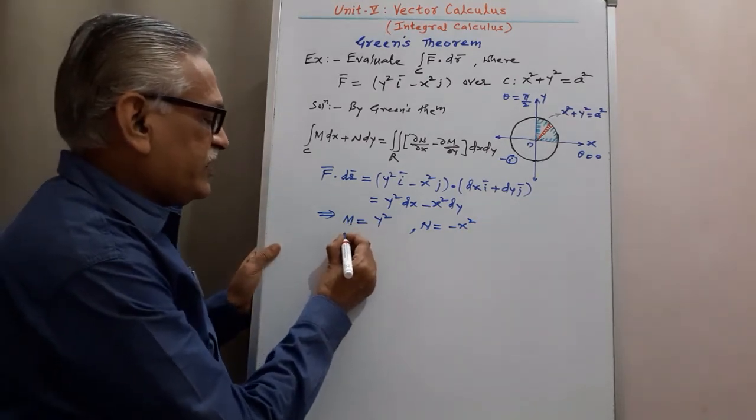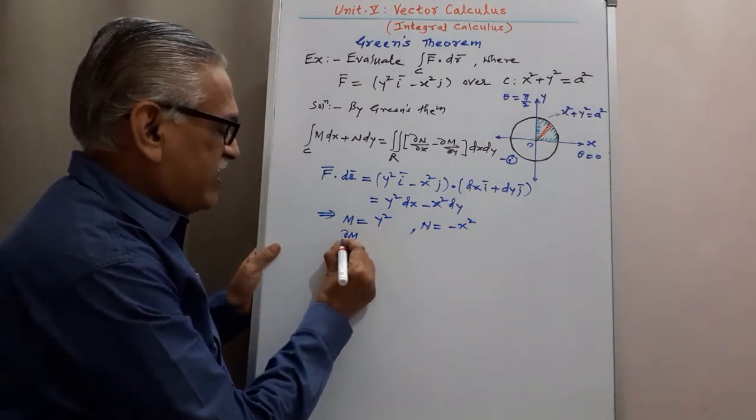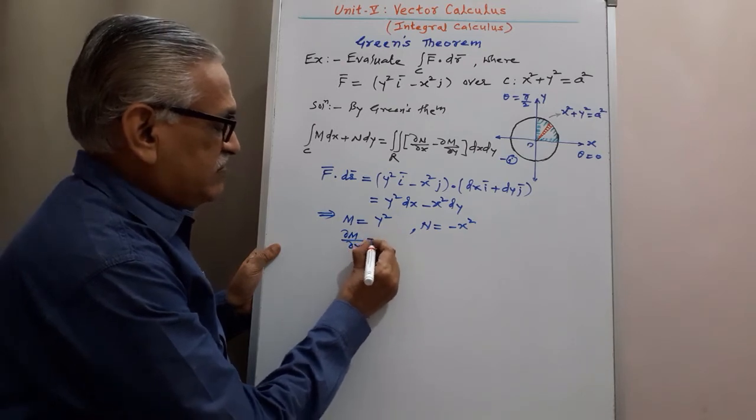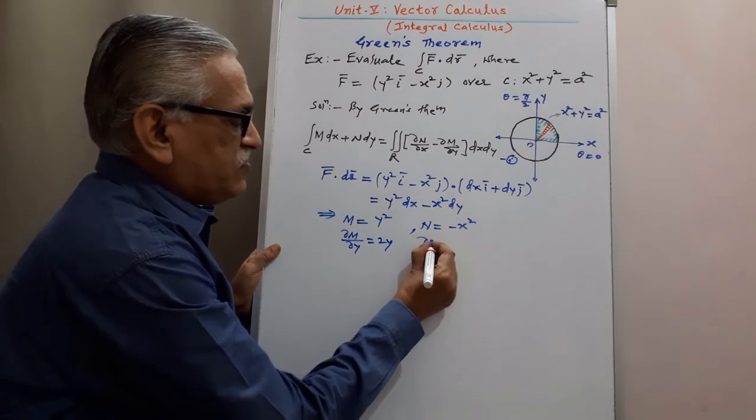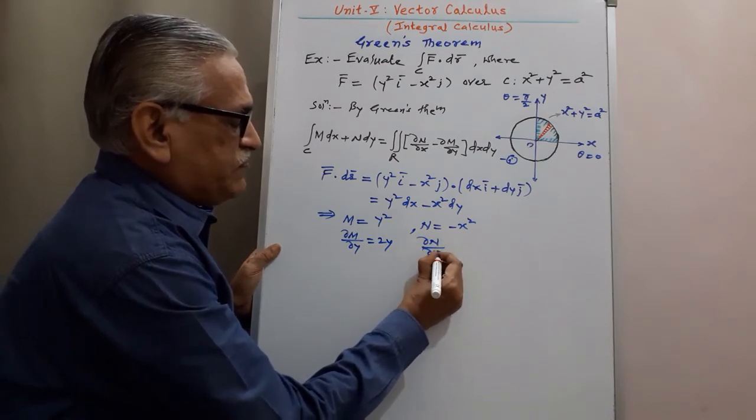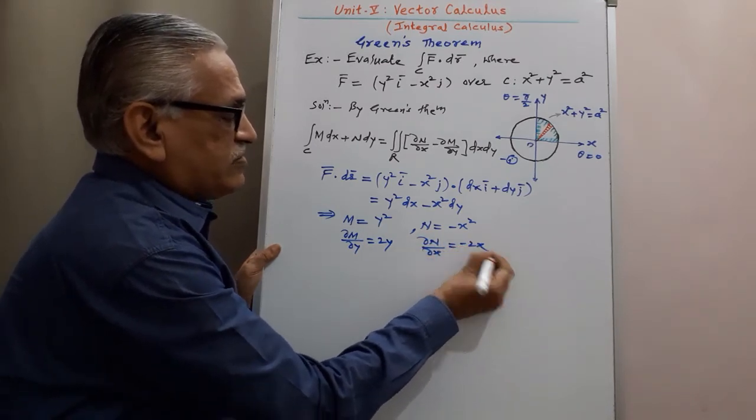Then differentiating M with respect to y, we get its derivative as 2y, and differentiation of N with respect to x is minus 2x.